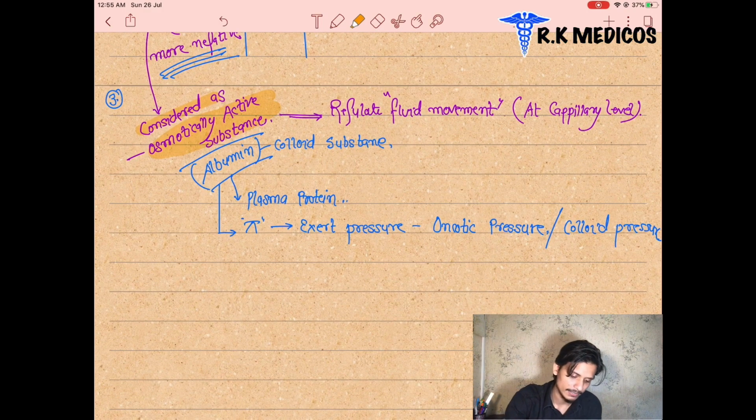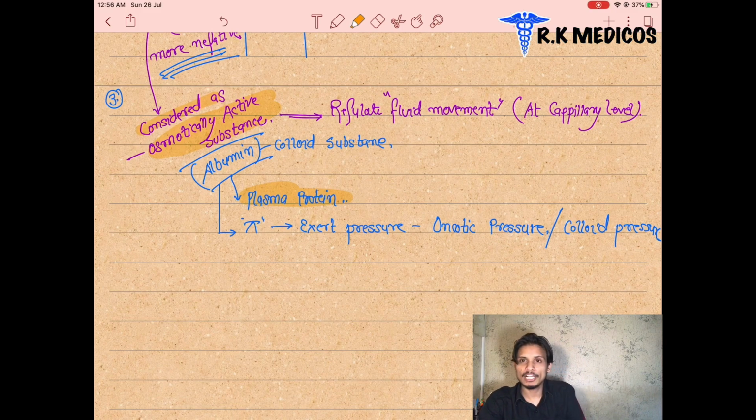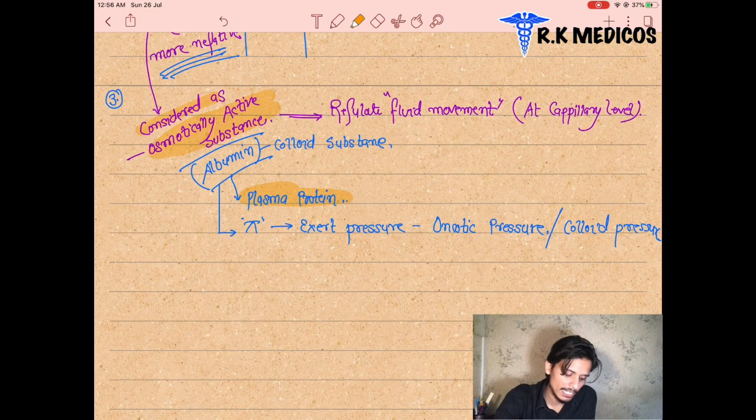Basically, in our plasma, there is a special type of protein which is responsible for maintaining our plasma fluid level inside the body, that is albumin. It is the most important term, albumin. It is a colloid substance. It is going to regulate our fluid movement.